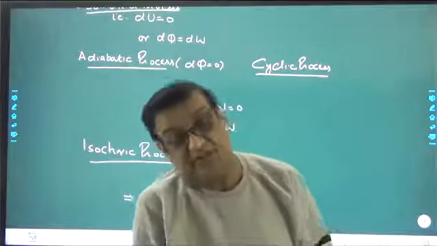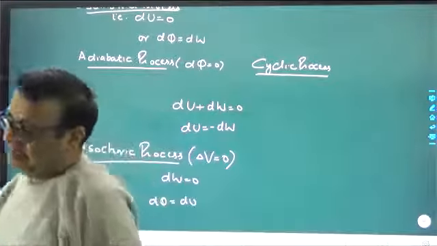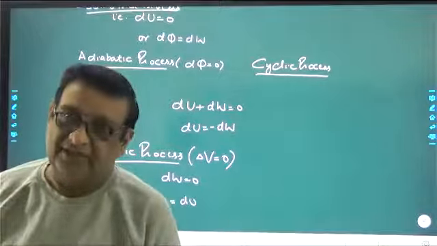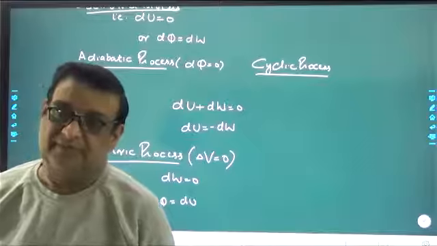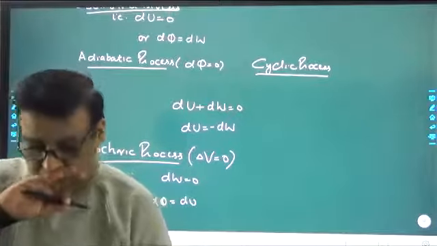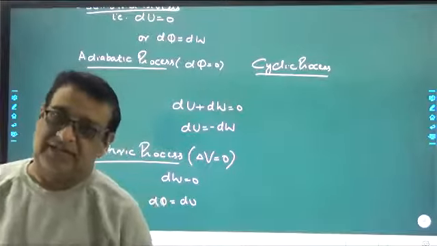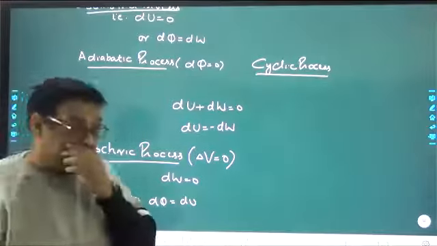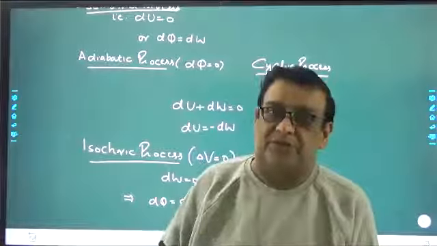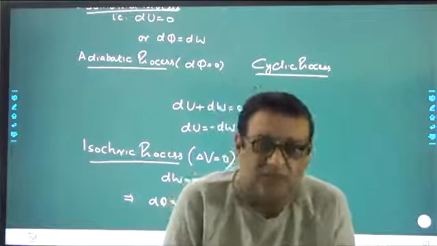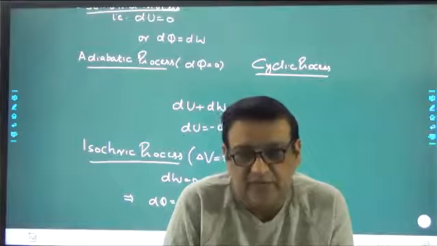Where the system returns to its initial state after series of changes. मतलब जहां से थर्मोडायनामिक सिस्टम शुरू हुआ उसी स्टेट में अगर वापस आ गया तो इक्वेशन क्या होगी फर्स्ट लॉ ऑफ थर्मोडायनामिक्स की? First law of thermodynamics की equation for cyclic, because system returns to its initial state and internal energy is a state function. That means पूरे process में change in internal energy zero होगा. That means dq is equals to dw.